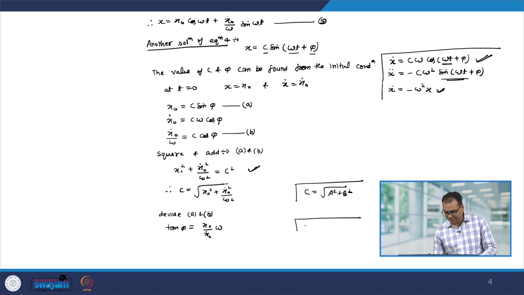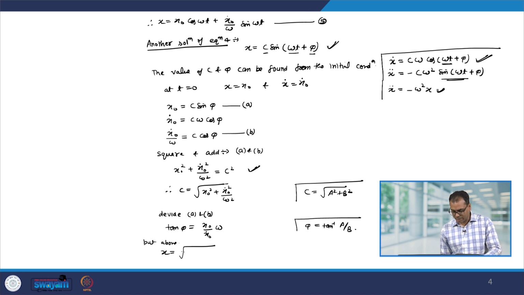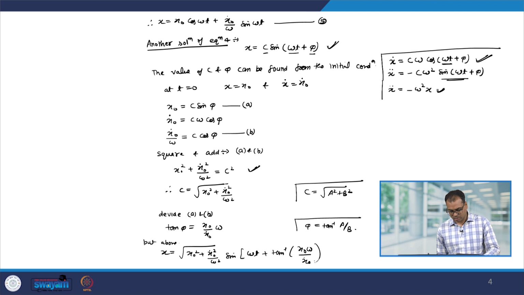So, phi is nothing but tan inverse A over B. Let us put the values of C and phi above in the solution. So, we have x equal to C, which is square root of x naught square plus x naught dot square over omega square, times sin of omega t plus tan inverse of x naught omega over x naught dot. Let us call this equation number 6.